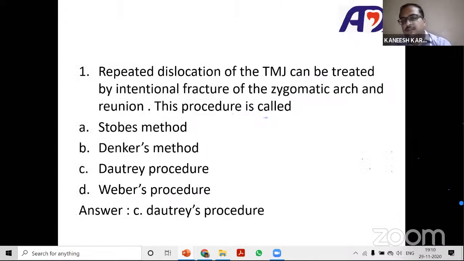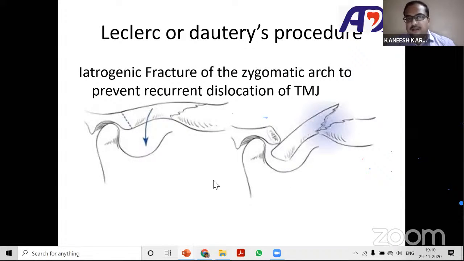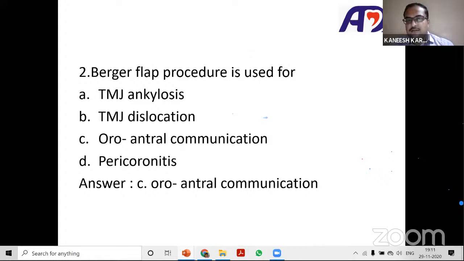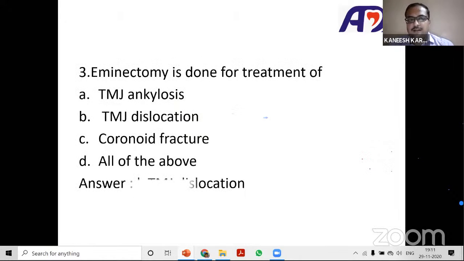This is also to prevent the TMJ from dislocating. This is one type of treating it. Even if we remove the articular eminence, that is eminectomy, the dislocation improves. Okay. So eminectomy is done for the treatment of TMJ dislocation.